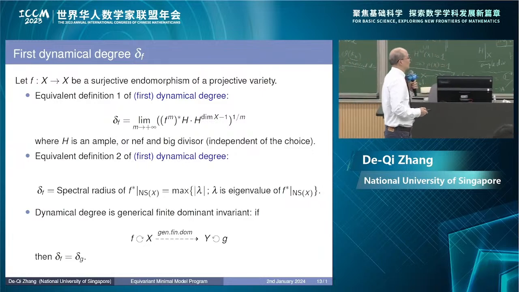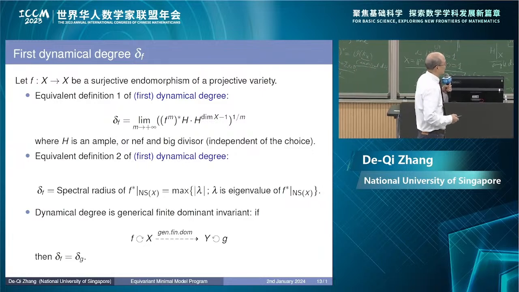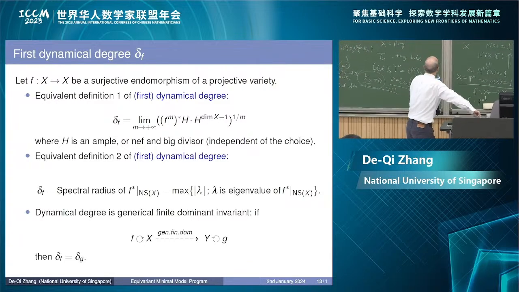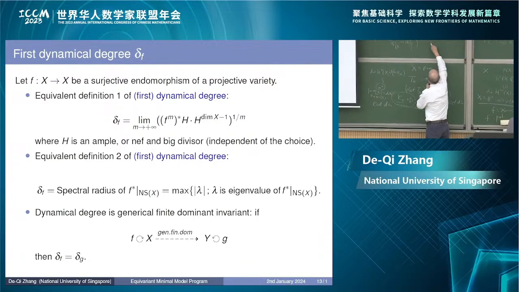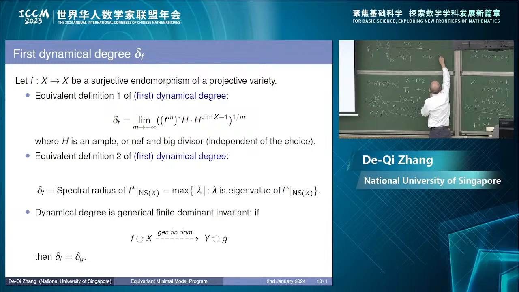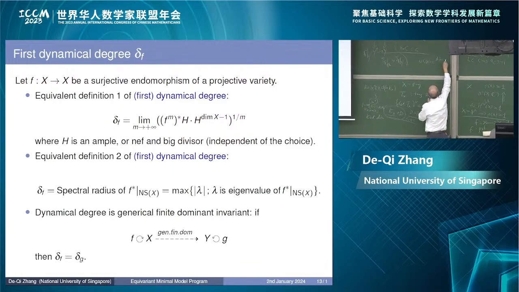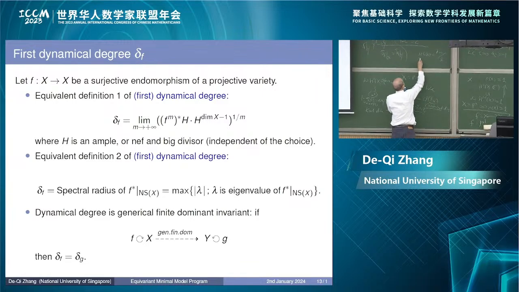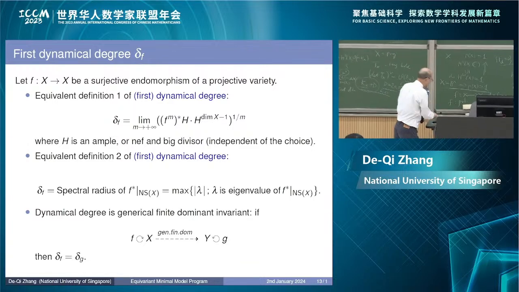The other one is more linear algebra. Look at the Néron-Severi group. The Néron-Severi group is equal to divisors modulo numerical equivalence. You can embed this one in the smooth case into H^{1,1}. So we assume some basic knowledge of Kähler geometry.